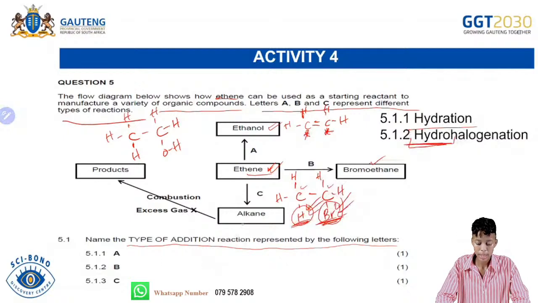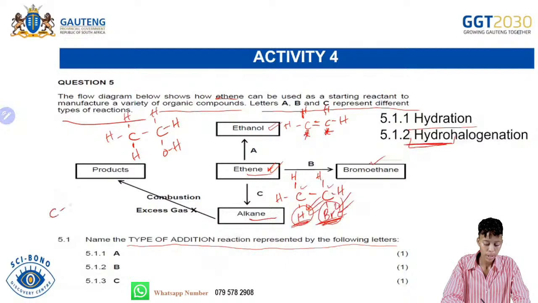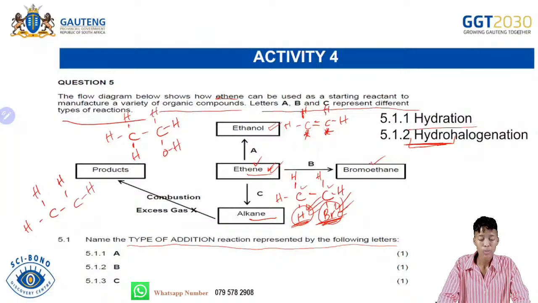Then the next one is your letter C. So letter C, you are moving from an ethene, the homologous series is alkene, to an alkane. With an alkane, you already know that you are not going to be having the double bonds. So your alkane, given direction from the ethene, will be having a total of 2 carbons.